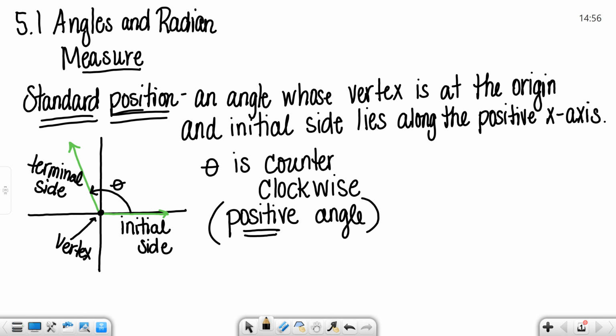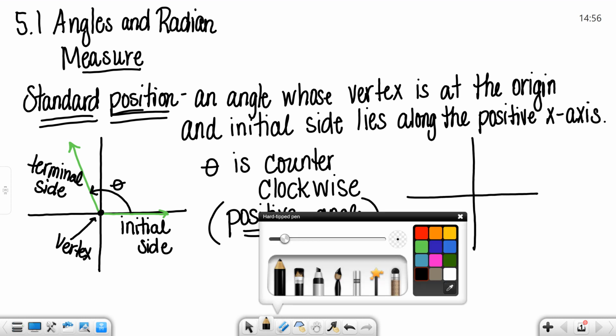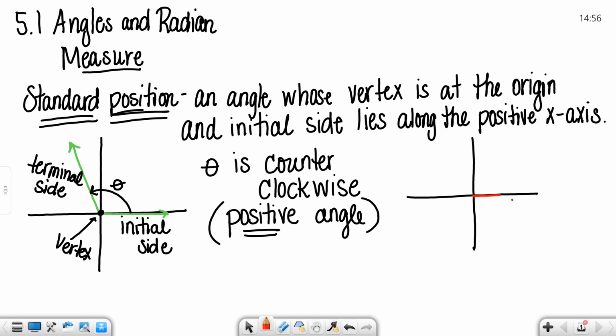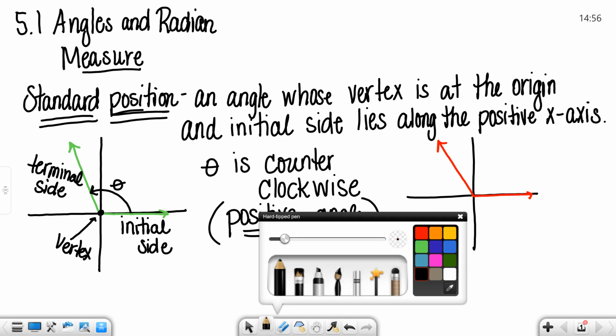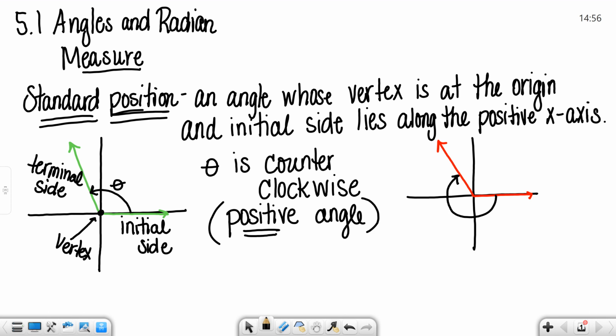I'm going to draw a different angle in standard position. Let me choose a different color. Let's say I do this one in red. So here's my initial side. This one looks very similar to the one that I just drew, except when I label the angle, I'm going to go this direction. This time my initial side is still on the positive x-axis and my vertex is at the origin. This time it goes the other direction and stops at that terminal side, the other red one.